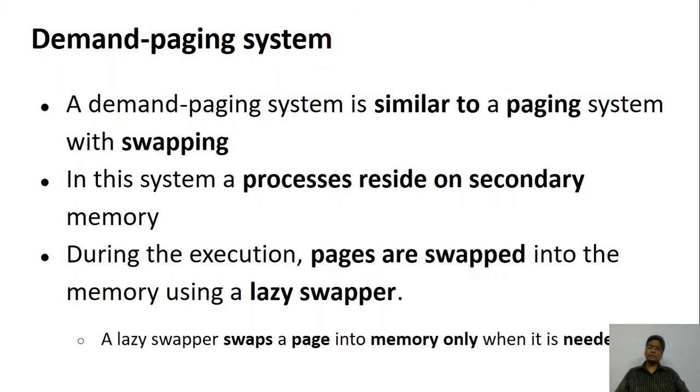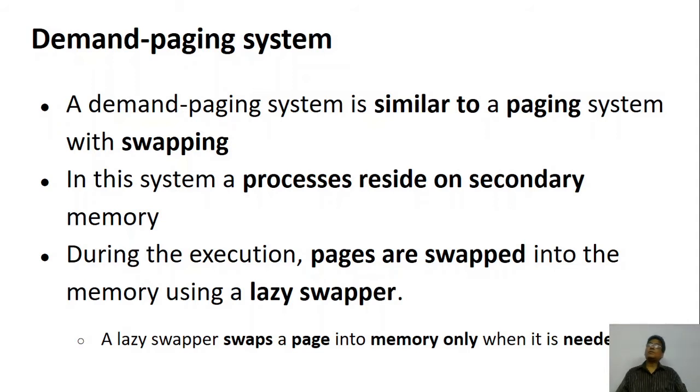Now this is similar to paging with swapping. So the idea you are already familiar with: you can page as well as swap the content. In this system, the entire program will remain in the secondary storage.